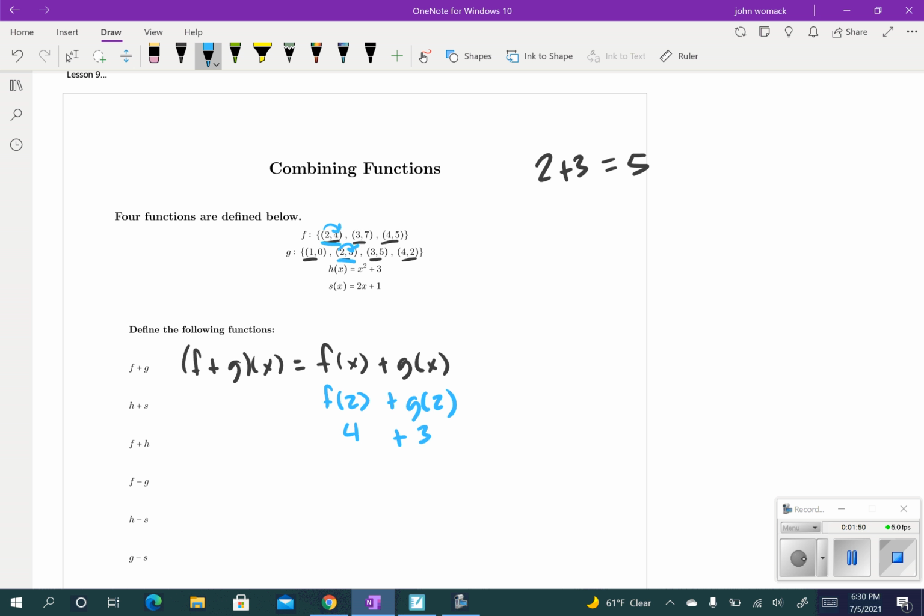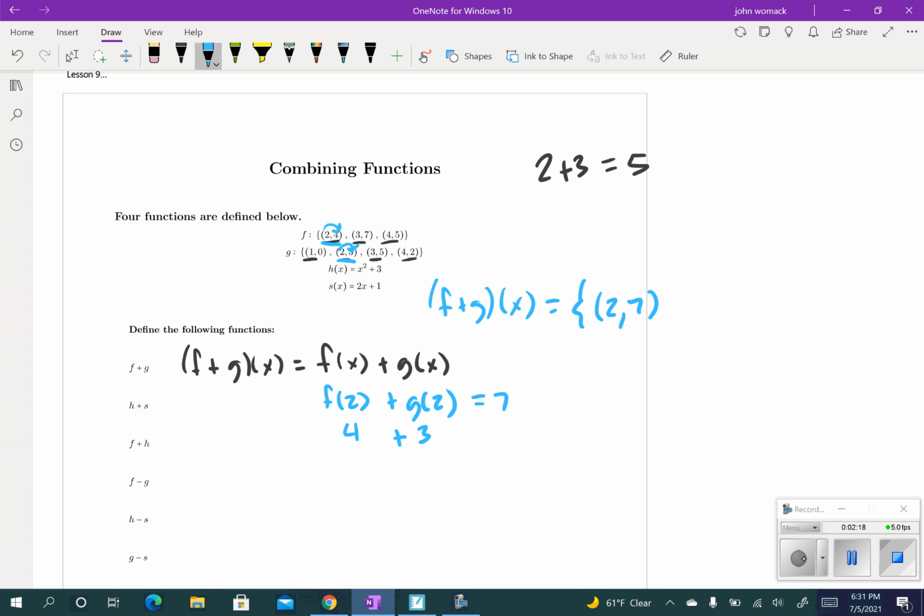So f of 2 plus g of 2 is equal to 7. So if I'm writing that new function, f plus g of x, I know that if I put in 2, I got 7 back out. And the way I got that is I took what f of 2 was, which is 4, I took what g of 2 was, which is 3, and I added them together and got 2, 7.